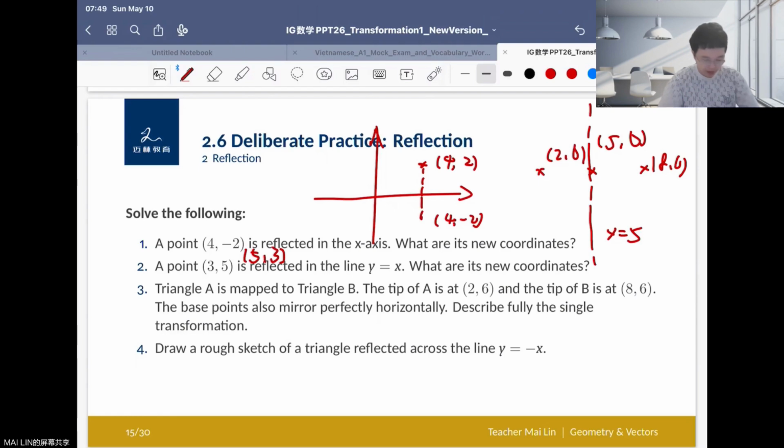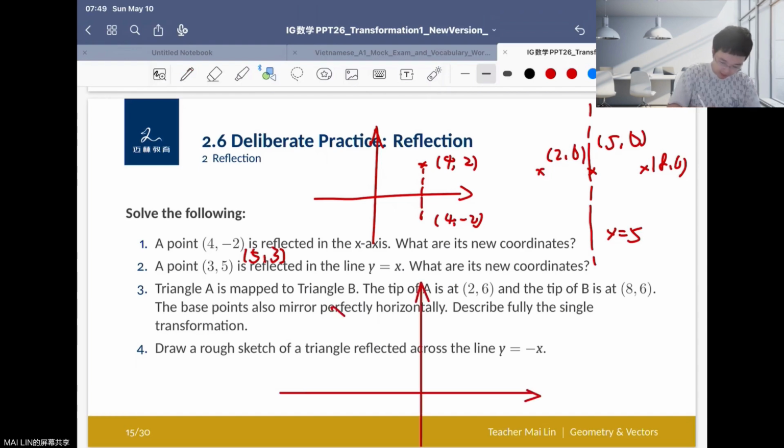For problem 5, draw a sketch of the triangle reflected across y equals -x. First draw the line y equals -x this way. That means if x equals -1, y equals 1, and if x equals -2, y equals 2. If we have a triangle here, we can choose one point and draw its reflected point.